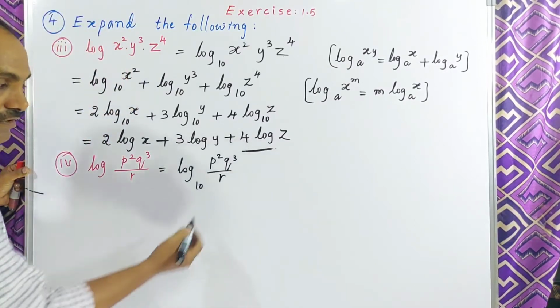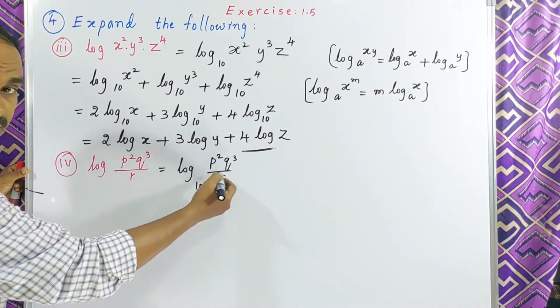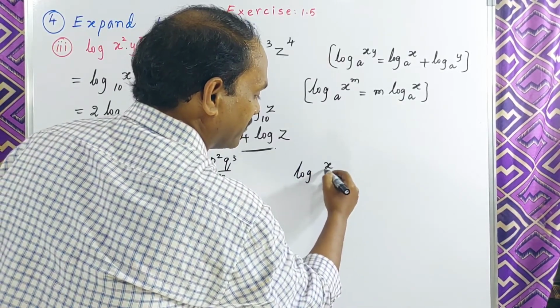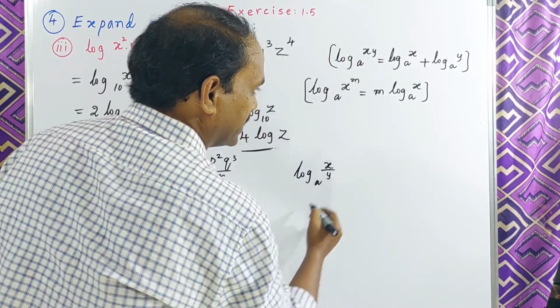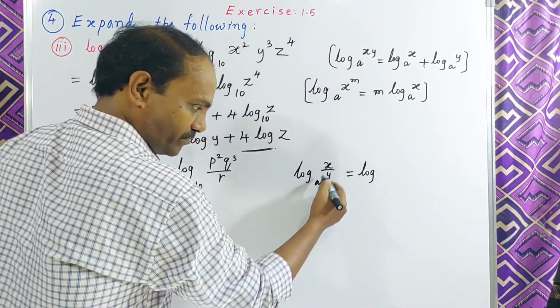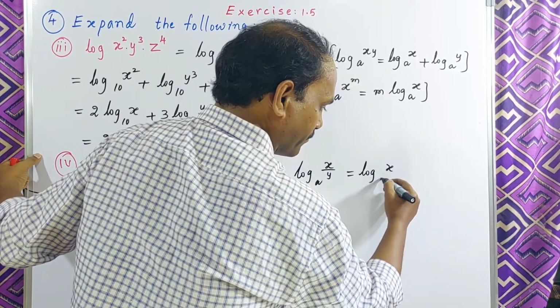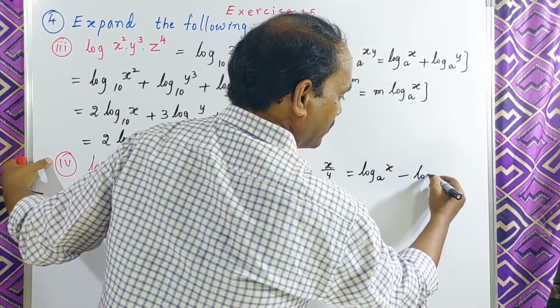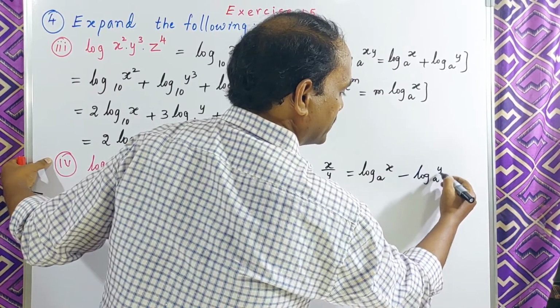Now since division is there, first we divide this one: log x by y to the base a is equal to log x to the base a minus log y to the base a.